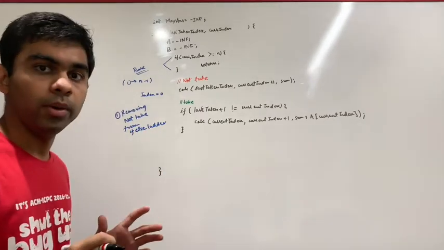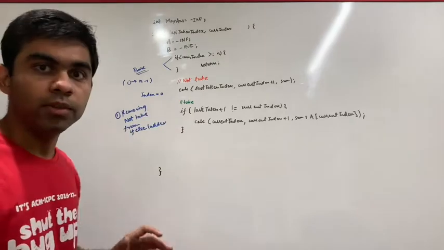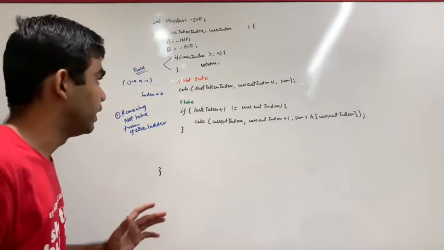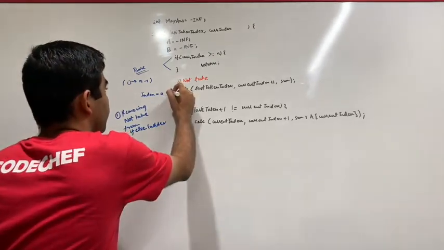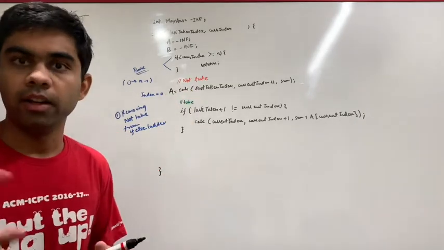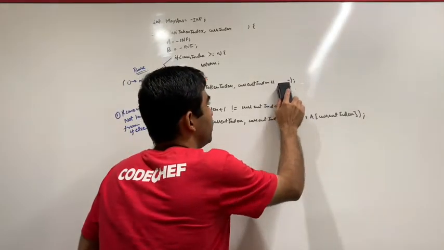But what I'll do is take the value returned by my first recursive call in my function into A, and I will remove this sum variable from here.